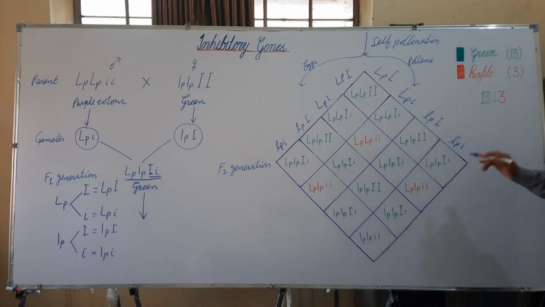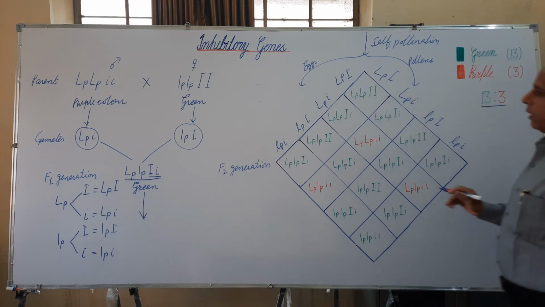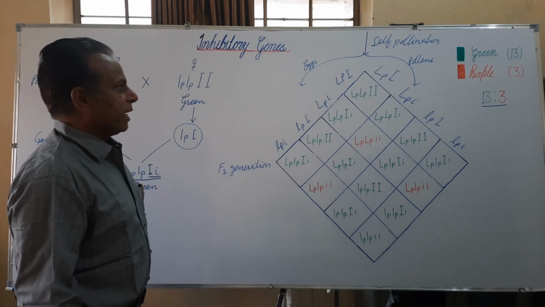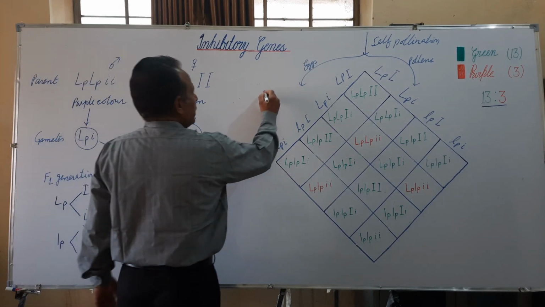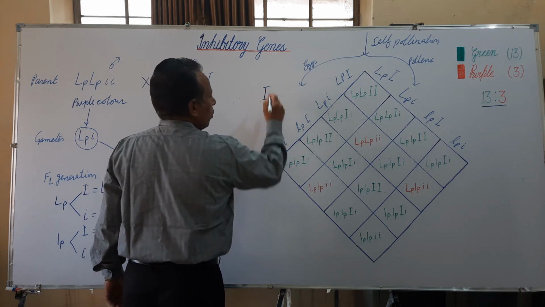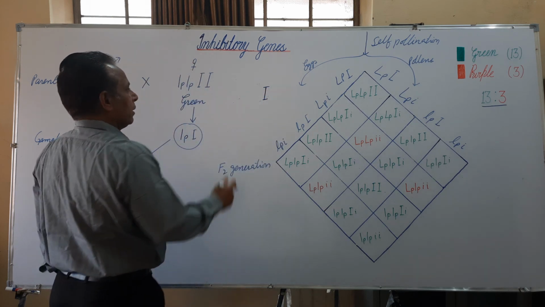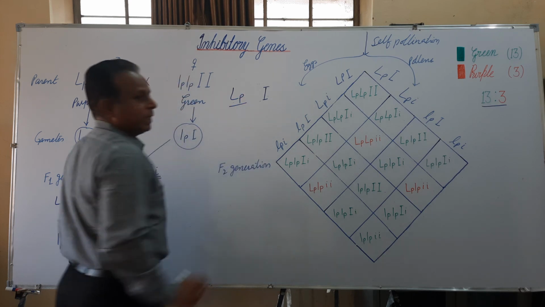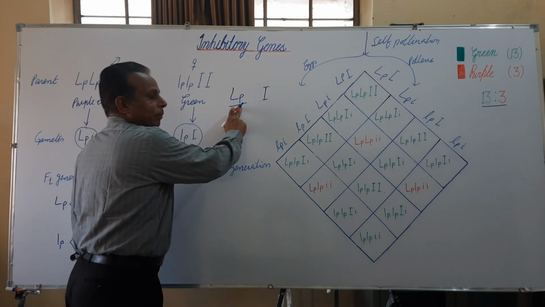So in this way, we get the phenotypic ratio 13:3 in F2 progeny. So these results revealed that the gene I has no its own effect, but it inhibits the expression of the dominant gene capital LP.